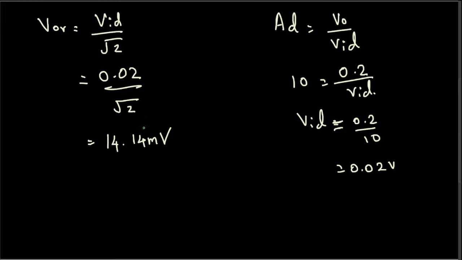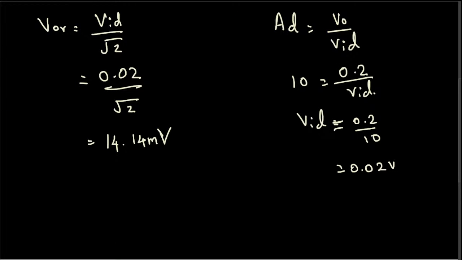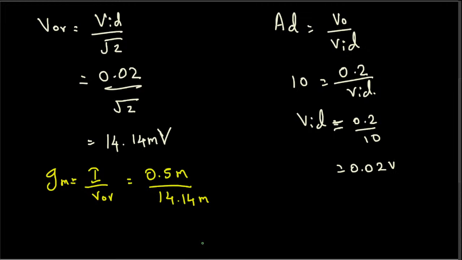Now that we have the V overdrive, we can find the gm value, because gm is I over V overdrive. I we just calculated, that is 0.5 milli, and V overdrive is 14.14 milli.